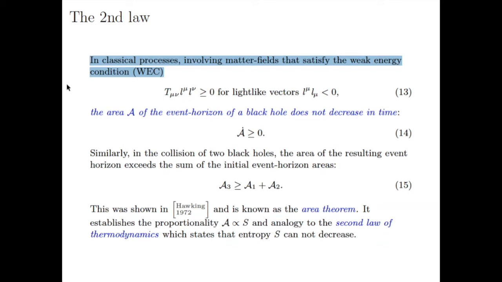For example, there are so-called averaged energy conditions, where you don't make a statement about the energy at a certain spacetime point, but you say, if I have a certain curve through spacetime, the average of energy along that curve has to be positive or negative. So there's the average null energy condition and things like that, which essentially means that a negative local energy is fine if it is offset by enough positive energy elsewhere.